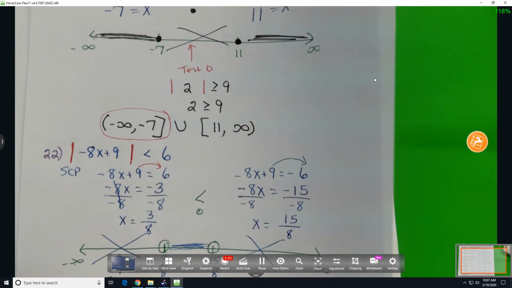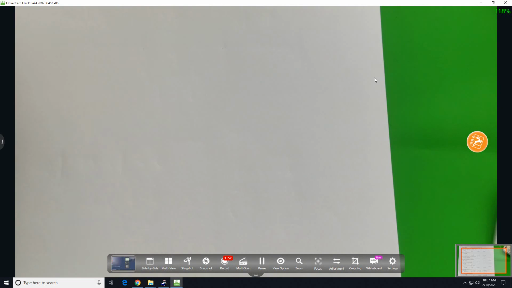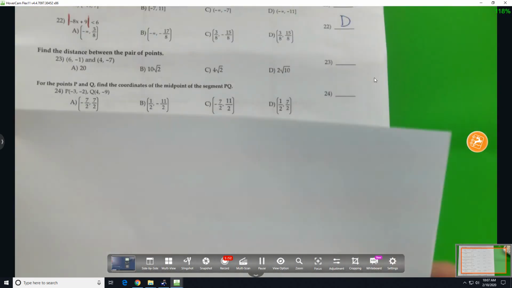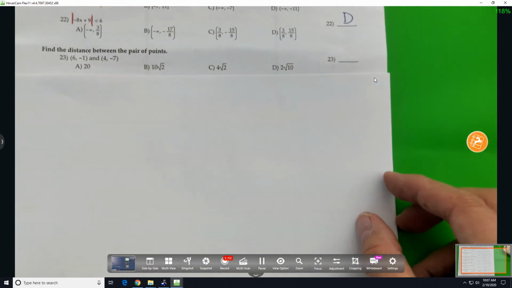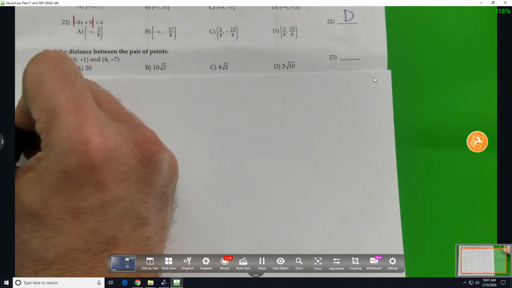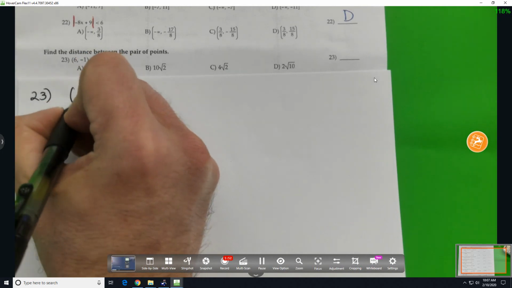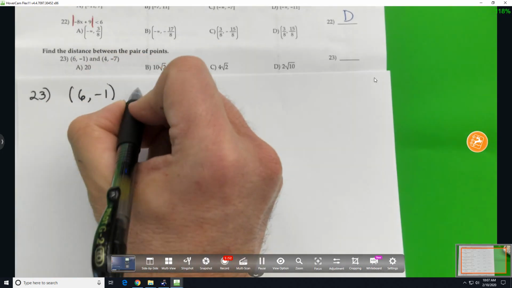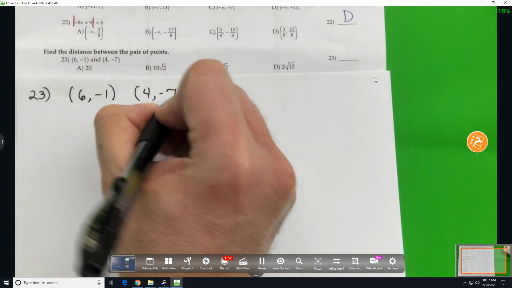So, problem number 23 says find the distance. Let me write these two down. Here are my ordered pairs: 6, negative 1, and 4, negative 7.